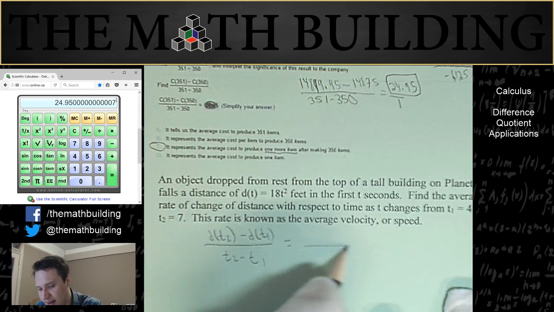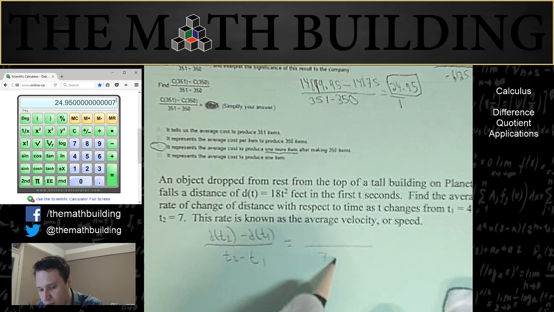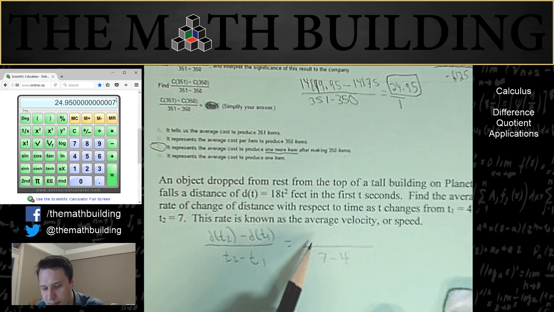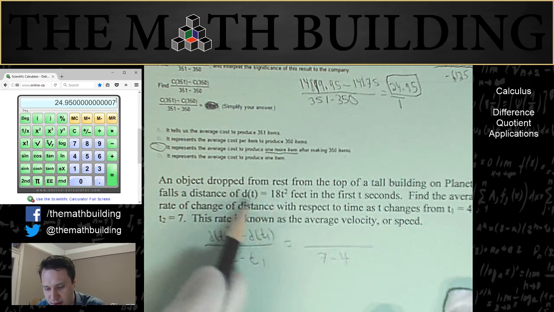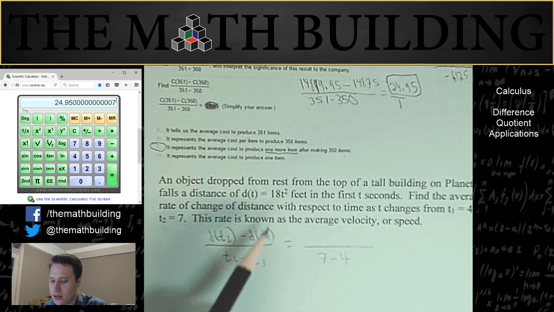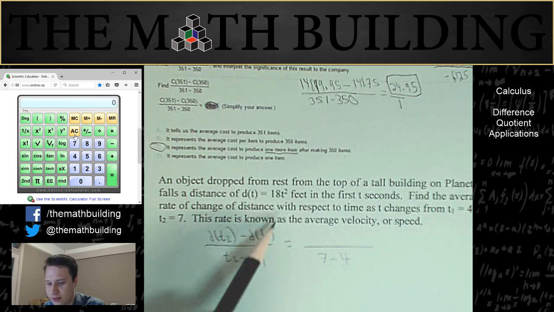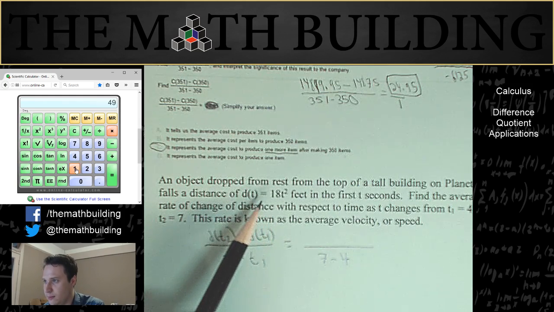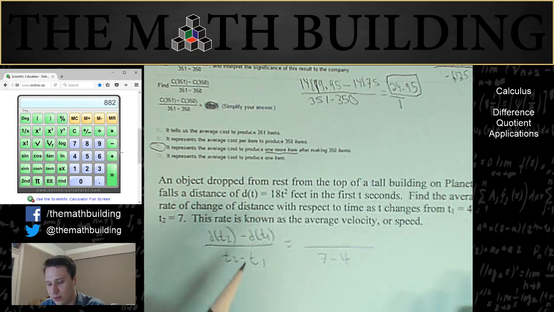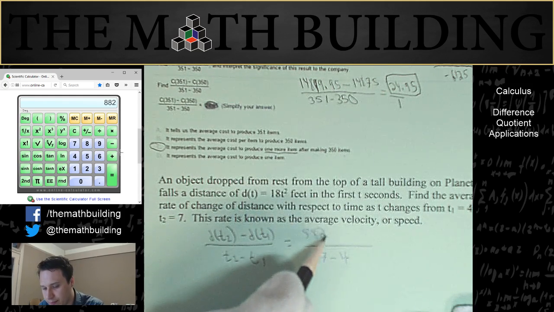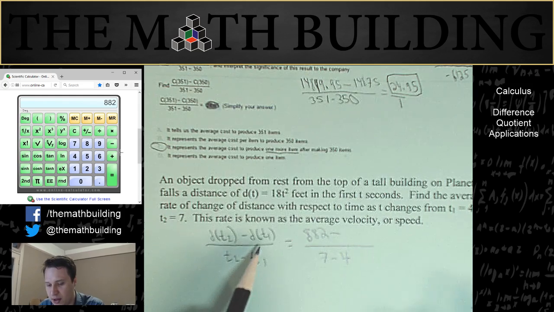And this is pretty easy to calculate. So on the bottom, we'll have 7 minus 4. And on the top, we just plug 7 and 4 into the function. So d of 7 is going to equal, let's clear the calculator, 7 squared is 49 times 18 is equal to 882. And now let's plug in d of t1.